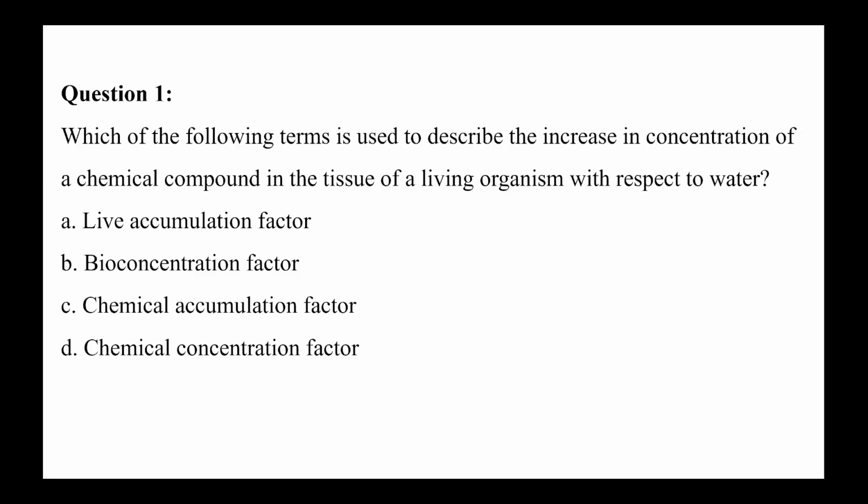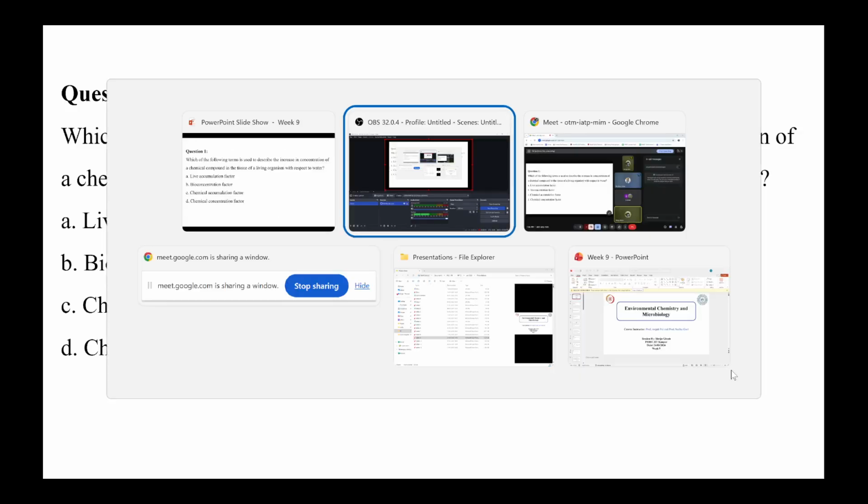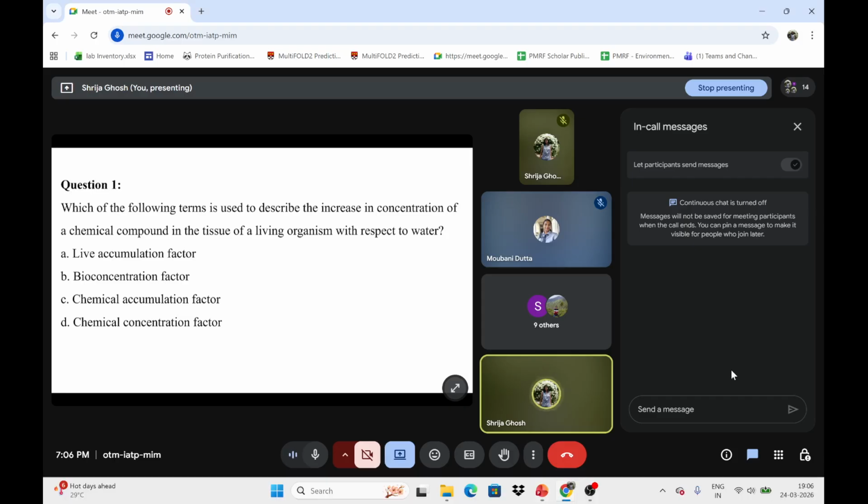Options are: option A, live accumulation factor; option B, bioconcentration factor; option C, chemical accumulation factor; and option D, chemical concentration factor. What is it called? All of you write your answers in the chat box.